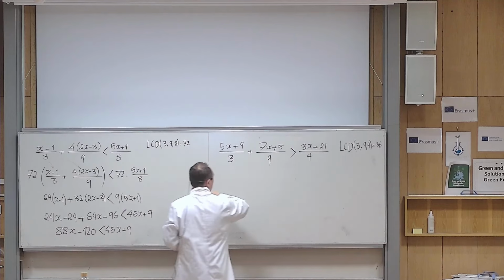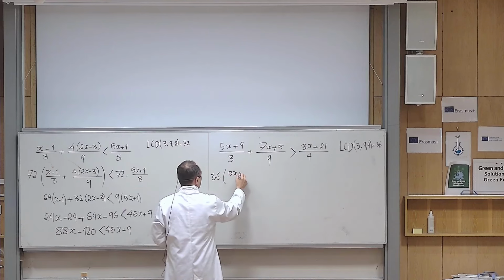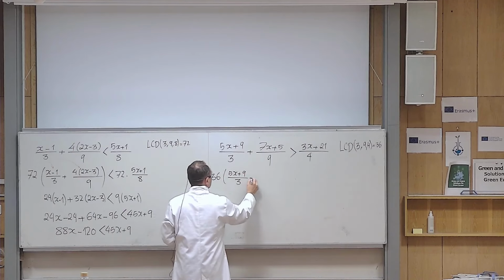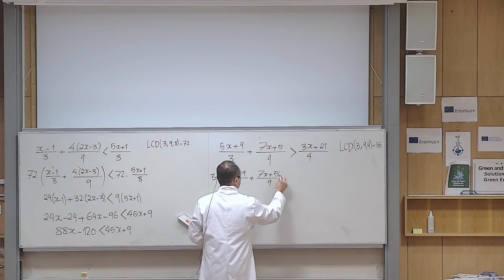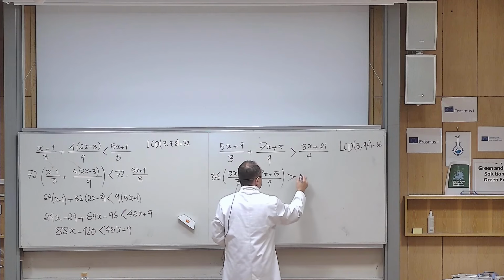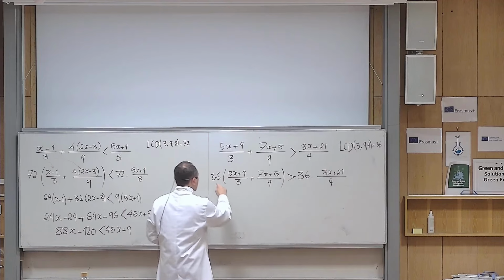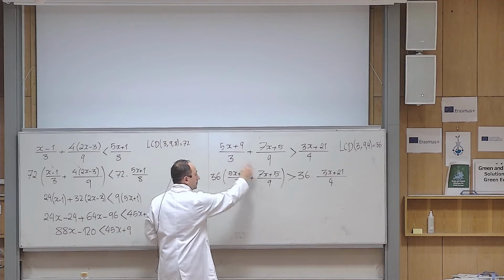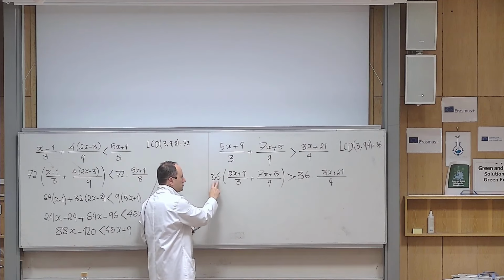So I multiply everything by 36. I have to multiply the left-hand side by 36. I also have to multiply the right-hand side by 36. Okay, and then again, 36 should be multiplied here and there, but instead of writing it once more, you can do it in your head.